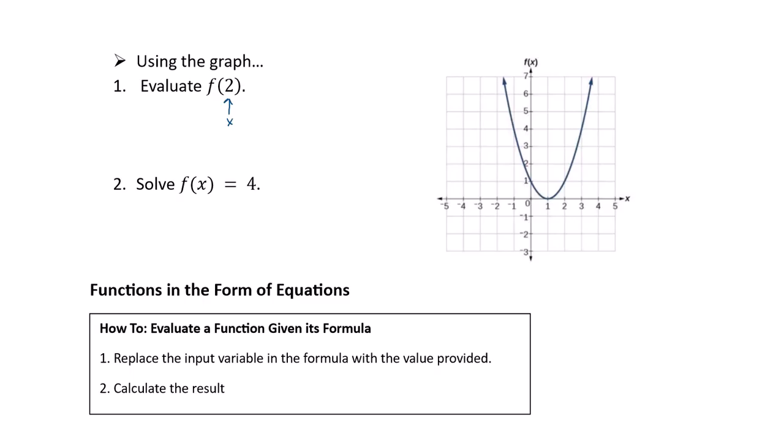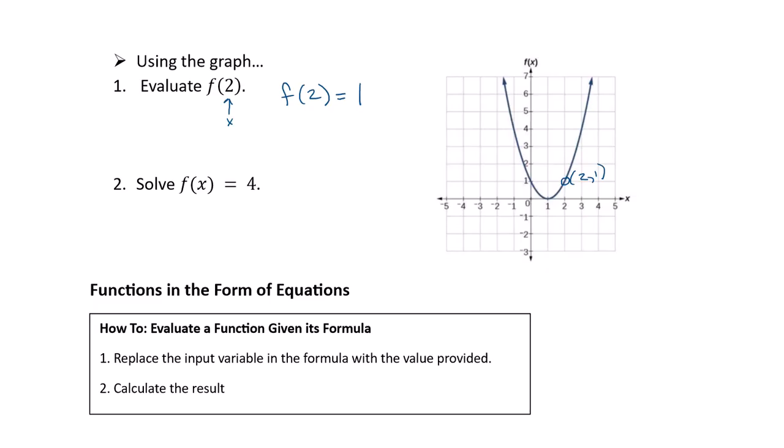Here we have to move up. There's the point (2, 1). So I know that f of 2 equals 1. When I put in an x of 2, I get out a y of 1.